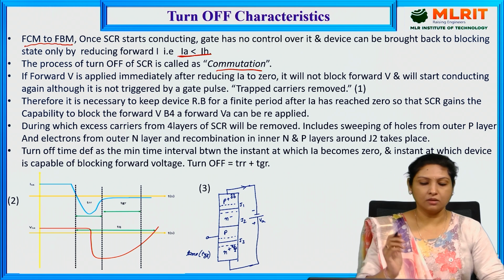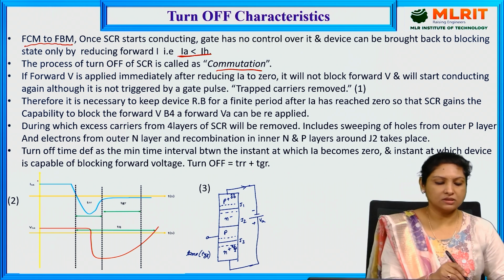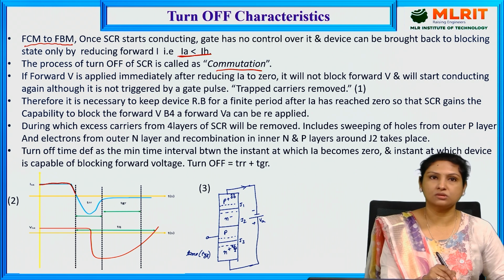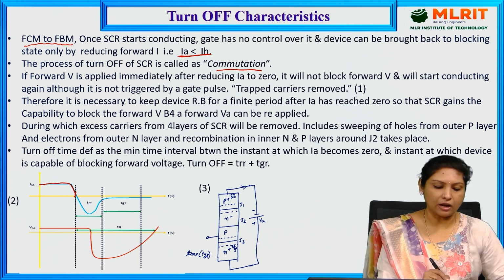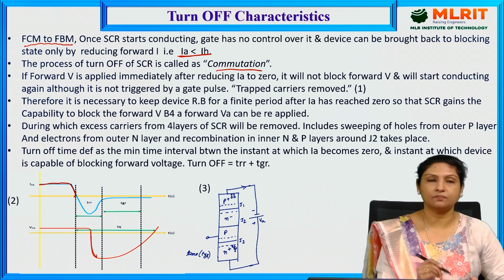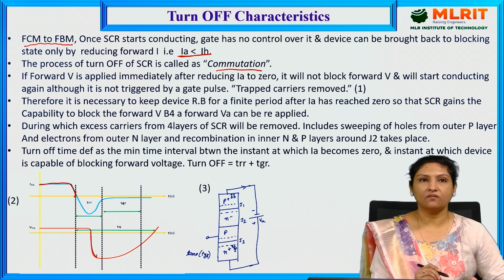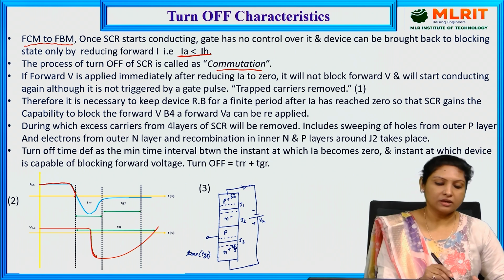So here, anode current is brought down to 0 initially, and the moment it has become 0, we apply the reverse voltage, such that the current will be reduced.